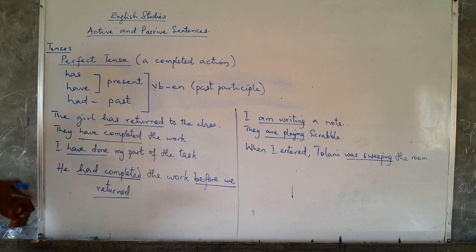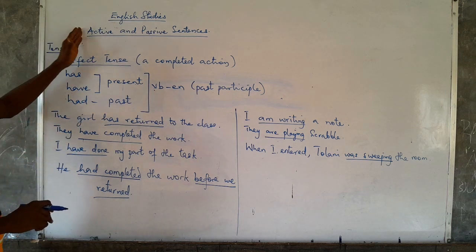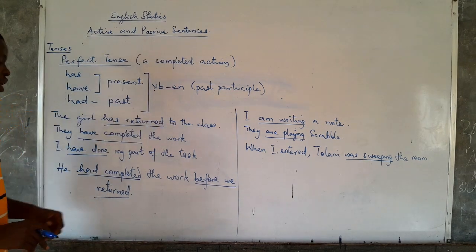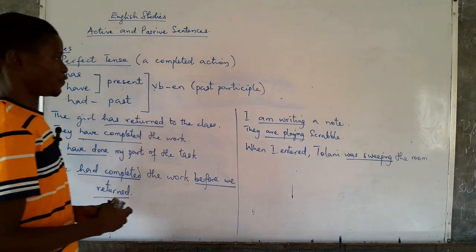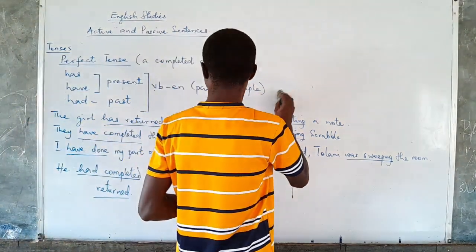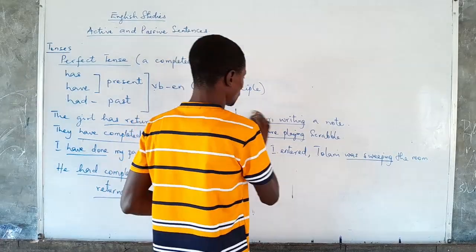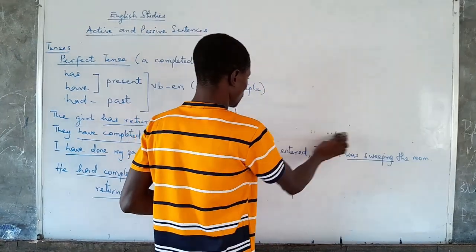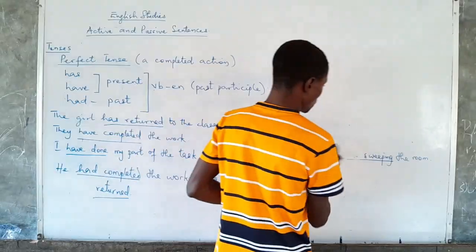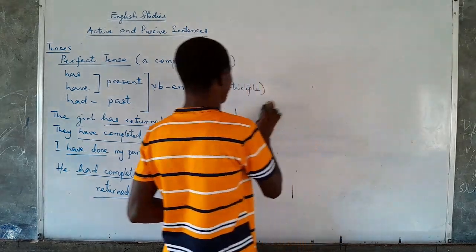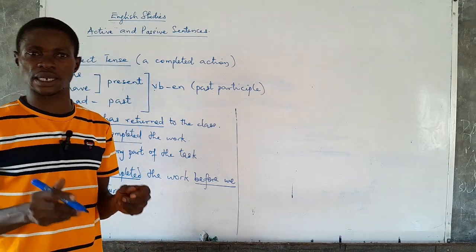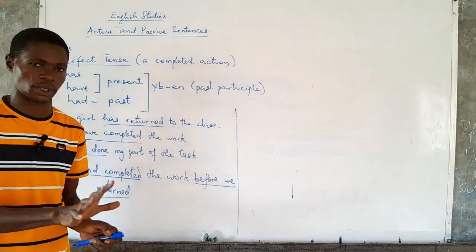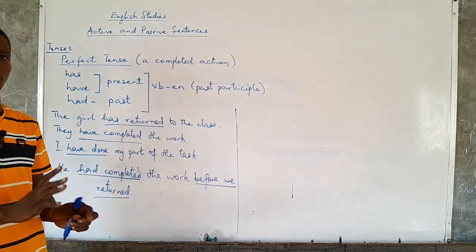The last one that we need to consider before we actually determine how we are going to convert active sentences to passive is known as future tense. When we're speaking of future tense, basically, we are talking of the tense that discusses what has not happened, an action that we have not done.